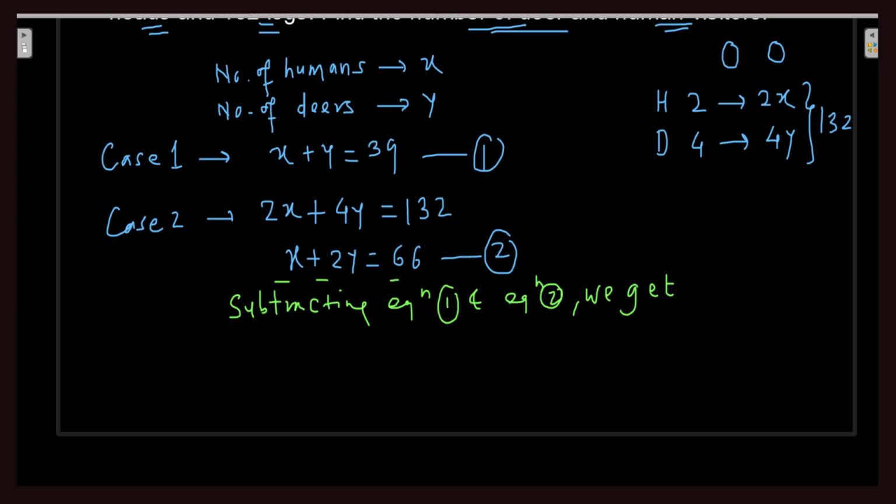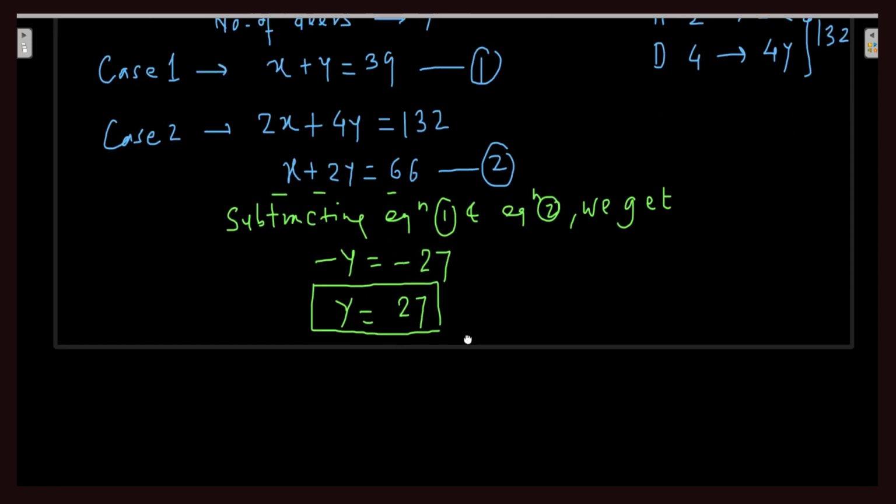So y minus 2y, that will be minus y, which is equal to 39 minus 66, and that is minus 27, and therefore y is equal to 27. So you have got the value of y. Highlight this because it is the first important step where marks will be allotted.